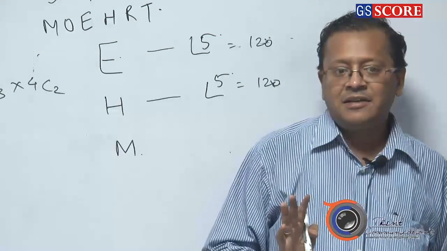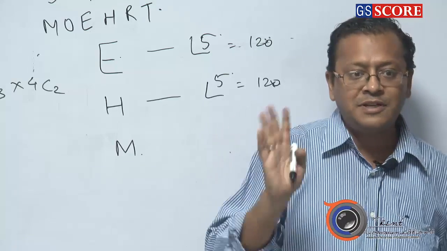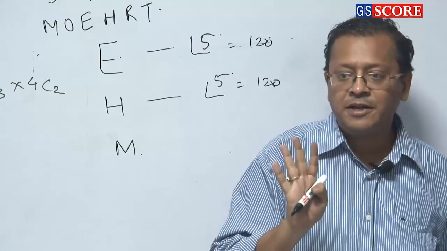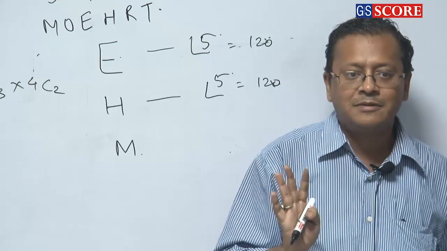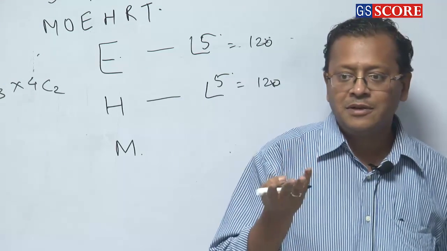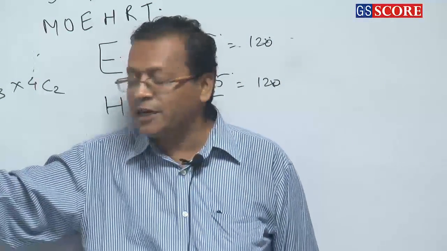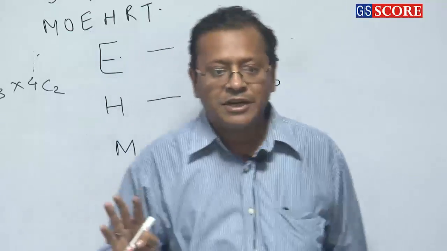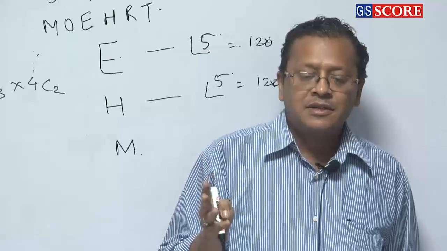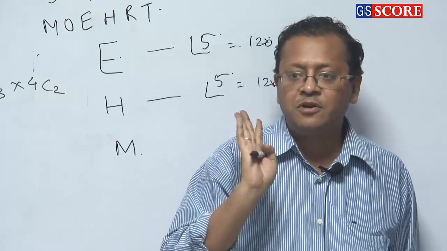They say they don't like each other. G1 says that if G2 is there, I will not be there. G2 says that if G1 is there, I will not be there. Did you understand the question? From 7 boys and 5 girls, I have to select a committee of 4 boys and 3 girls, but there is a constraint that 2 girls say if she is there, I will not be there.